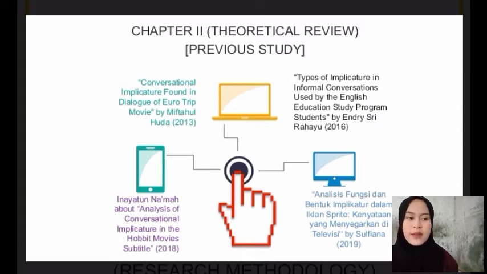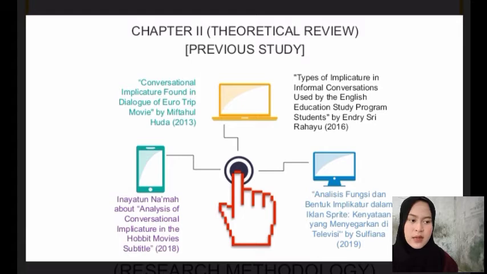And then the third is Types of Implicature in Informal Conversations Used by the English Education Study Program Students by Andri Sri Rahayu in 2016. In this research, the subject is different from number 1 and number 2, which is the conversation by the students.